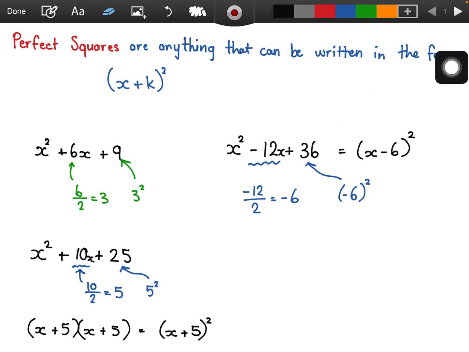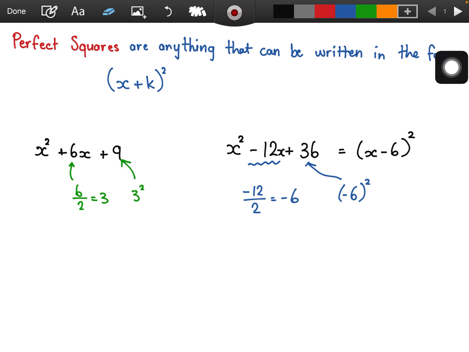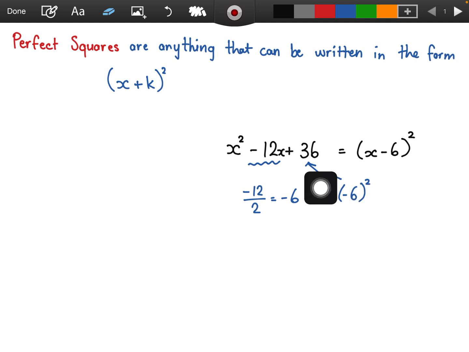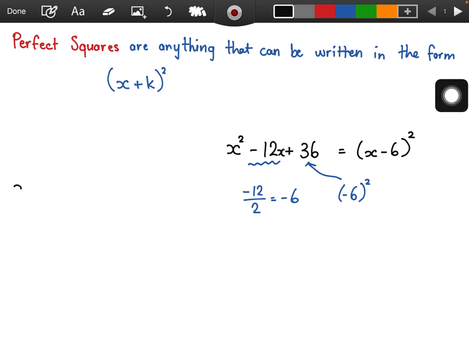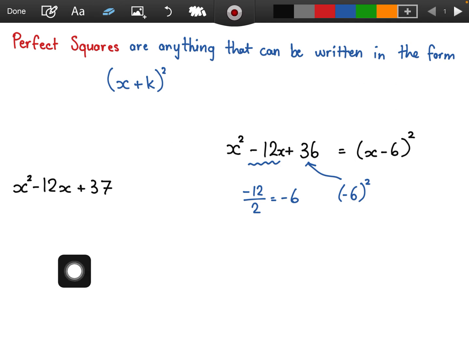Now, what if something can't be written super easily like this into something being squared? Let's take, for example, x squared minus 12x plus 37. We have just figured out that in this bracket here, it has to be half the coefficient of the x.